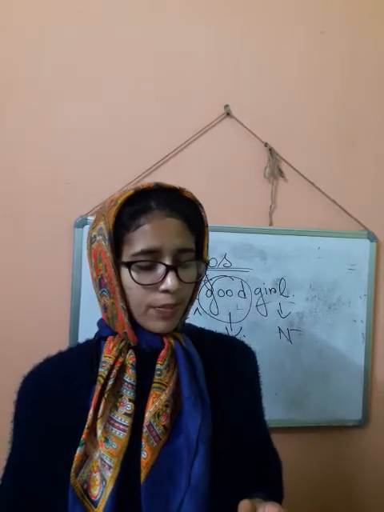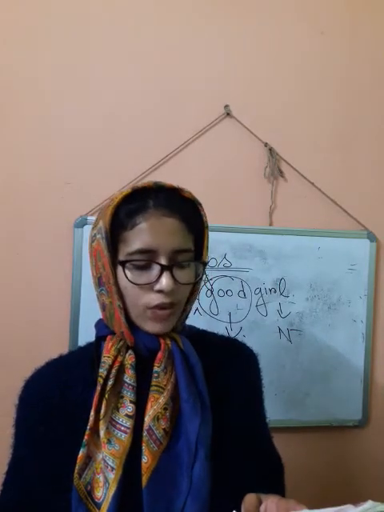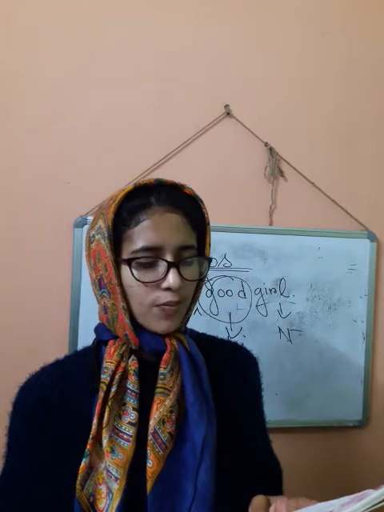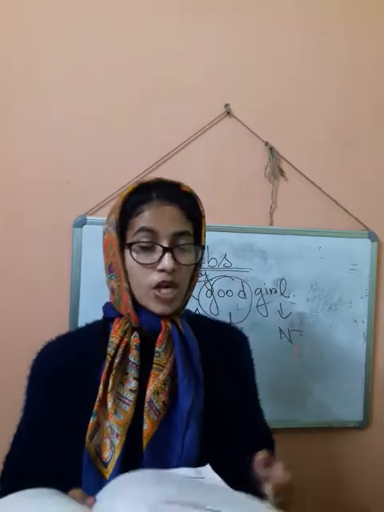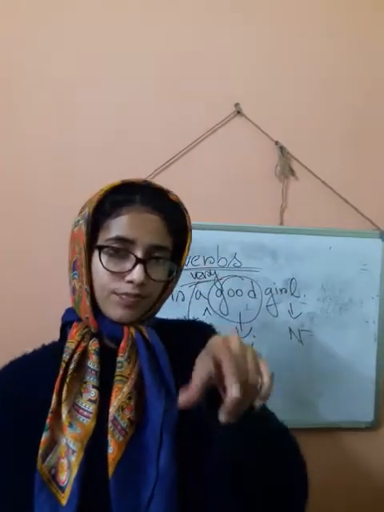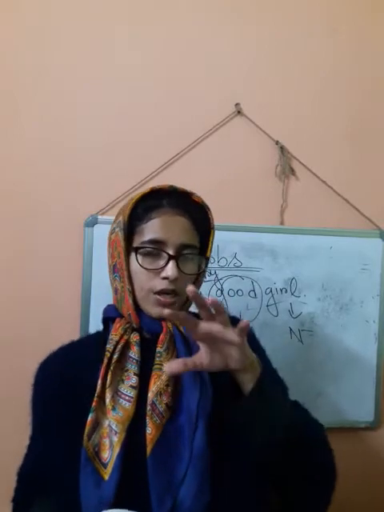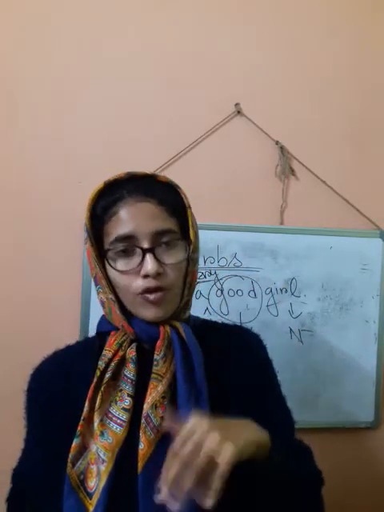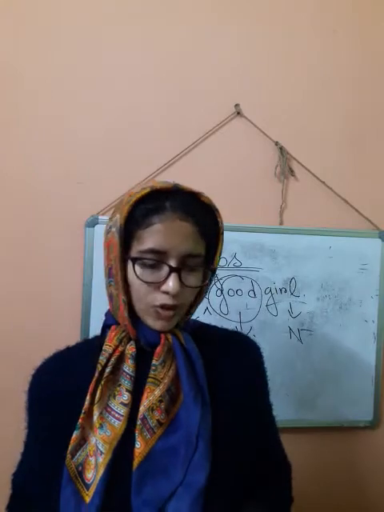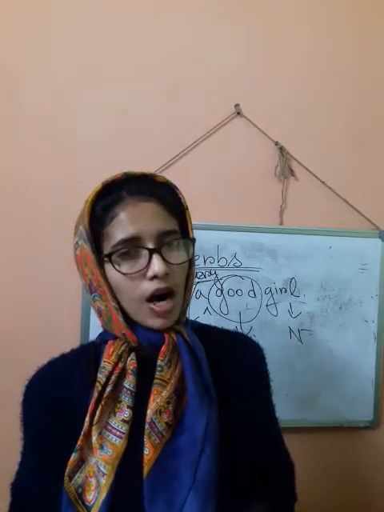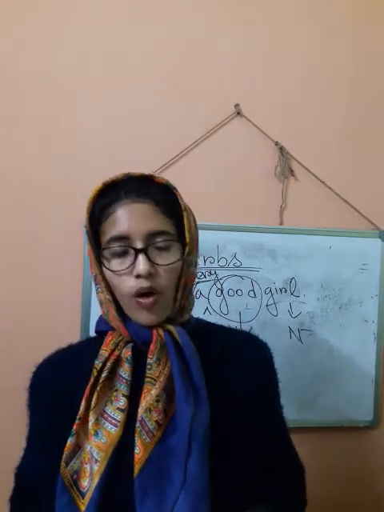One example has been given here on page number 108: Sushil walked most slowly of them all. Generally we place the article 'the' before the superlative degree. We have learned that. So according to that, Sushil walked the most slowly of them all.